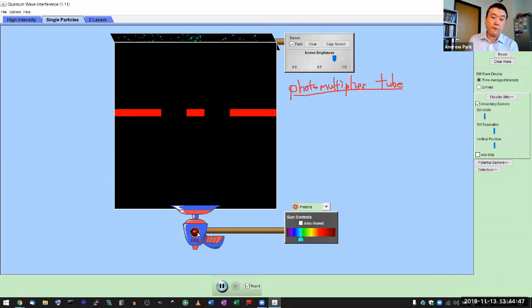So this is what we mean by uncertainty. So uncertainty in position. And here the uncertainty in momentum is a little bit harder to see. It basically has to do with the component of momentum that's going in a direction parallel to the screen, but let me leave that there. All right, so I hope this helps you think through the idea of uncertainty.